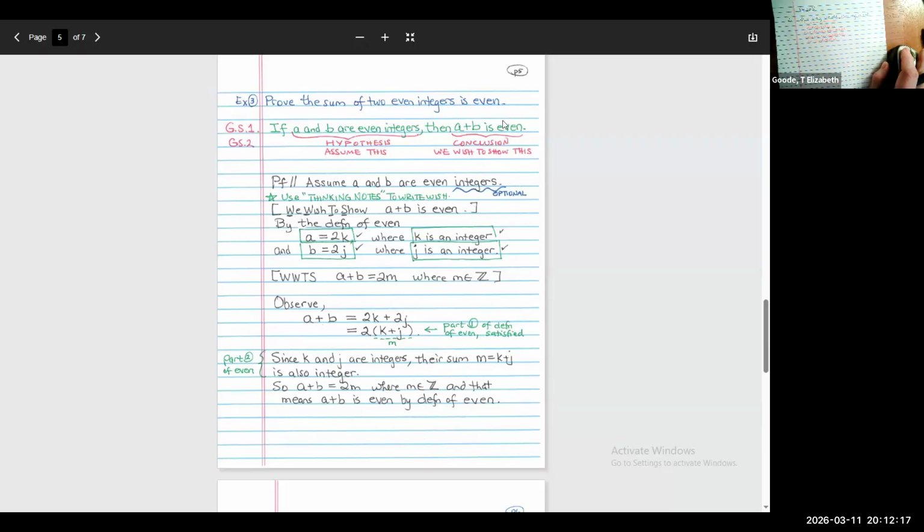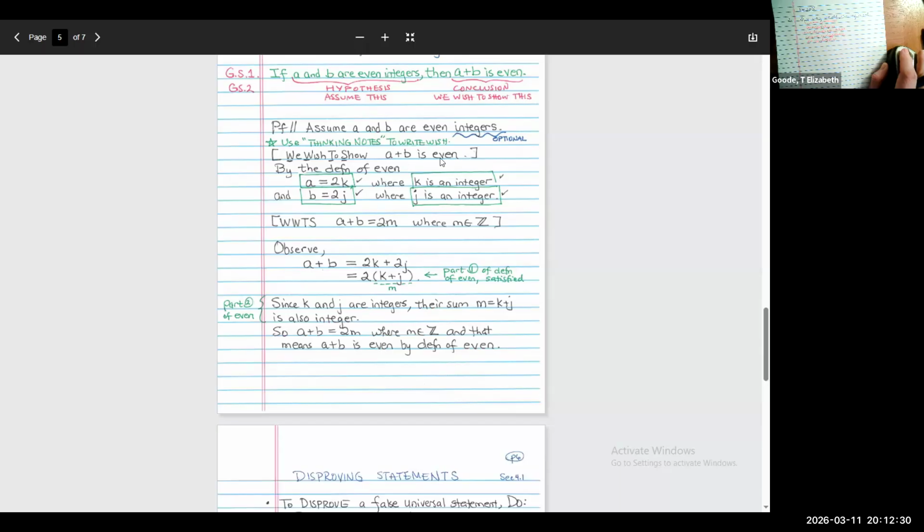That's the conclusion, the then part. Then use the definition of even. It's got two parts. Both parts of the definition of even are necessary. And revisit your wish. What does it really mean to show a plus b is even? Oh, a plus b has to equal 2 times m, where m is an integer.